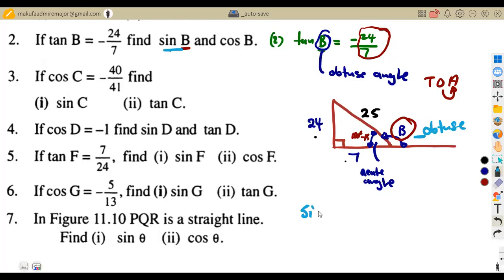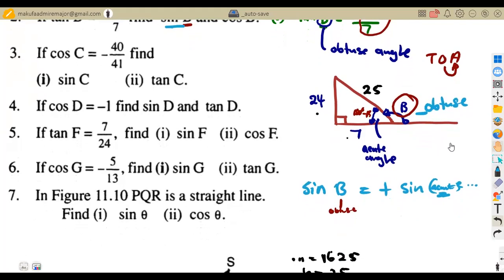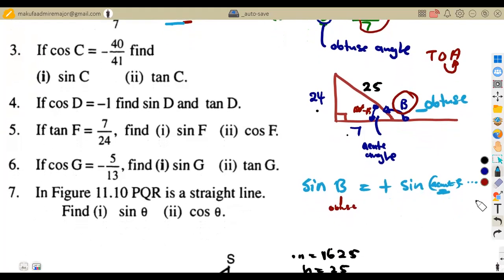The sine of B, which is representing our obtuse angle, is going to be equal to plus the sine of the acute angle. For the acute angle, sine is positive, so it does not affect. If it is not affected, the sine of B is going to be plus the opposite.